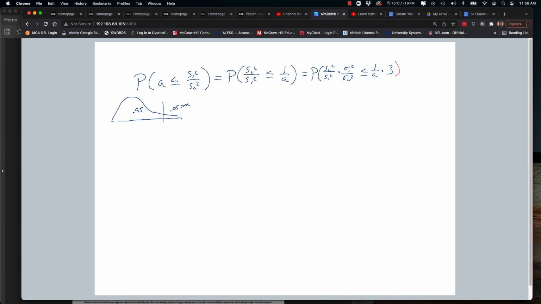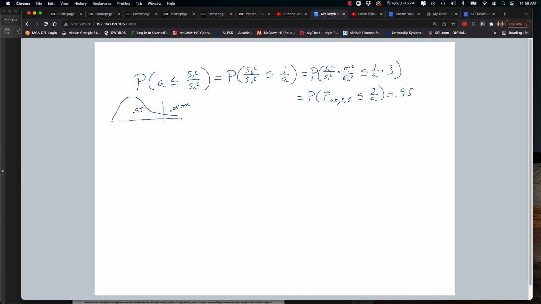So this is just equal to the probability of F of 0.05, comma, now the degrees of freedom, when we flipped the s1 and s2 squareds and reciprocated those, they changed too. So instead of being 5 and 9, it's going to be 9 numerator, 5 denominator. So those change sides, and that's going to be less than or equal to 3 over a, which equals 0.95.